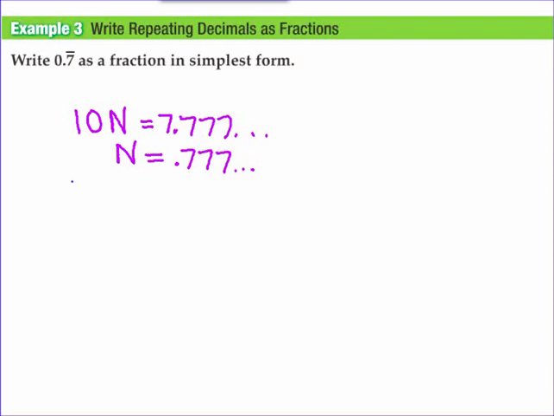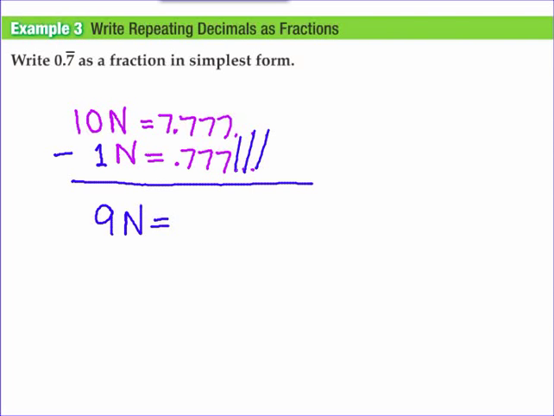Now, how many n is this when it just says n? 1n, right? Because that's like a 1. I'm going to subtract. What's 10 minus 1? 9. If I subtract those things, the dots cancel, right?